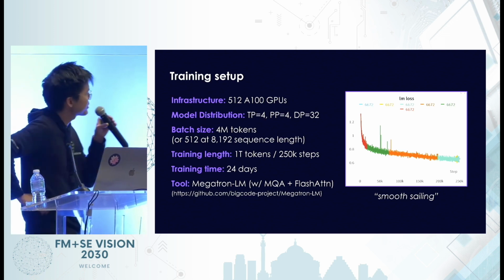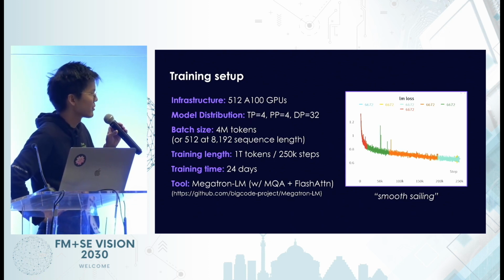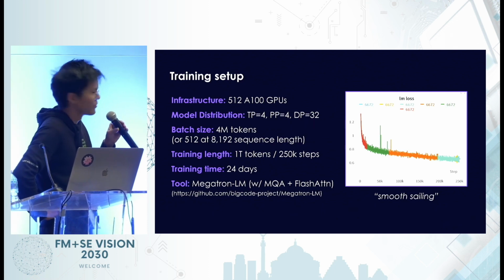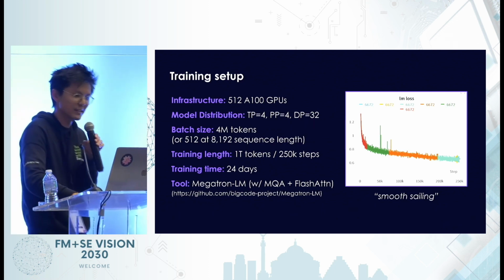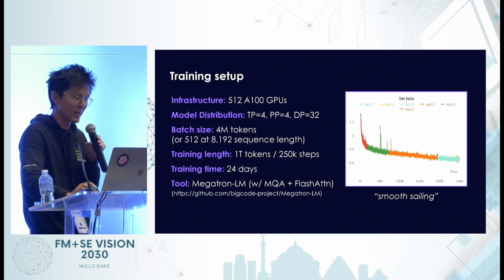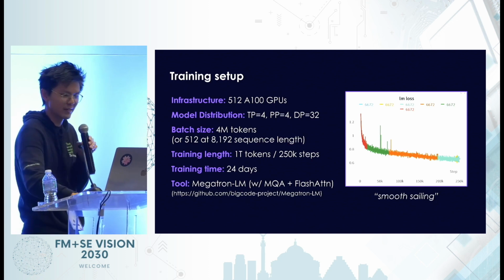There were a few restarts during the training, but I think we were lucky enough to not have some of the faulty chips silently making your training go in the wrong way. So we were lucky in that sense.